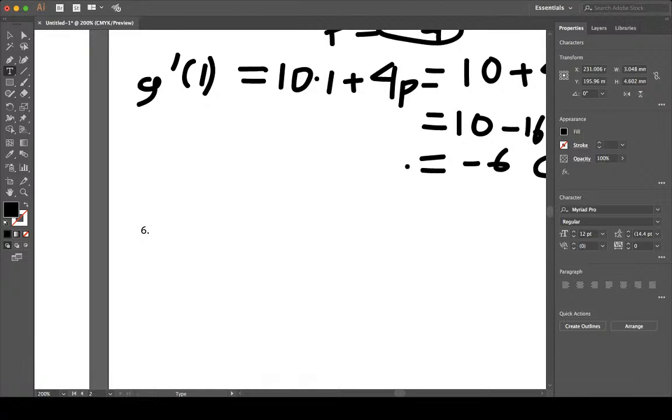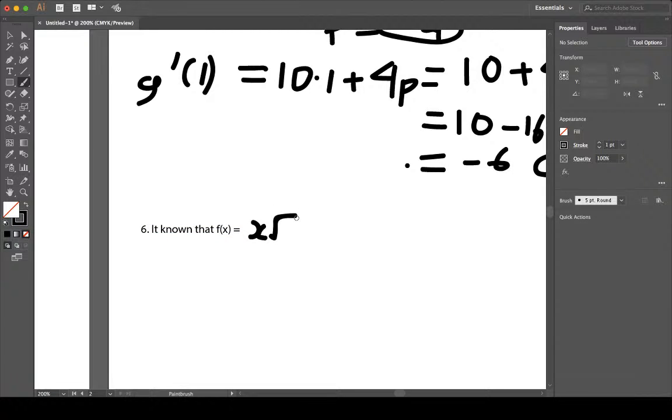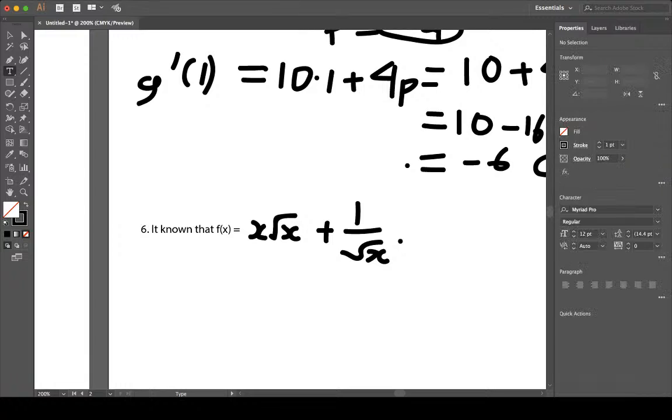It is known that function f of x equals to, let's write this down, x times the square root of x plus 1 over square root of x. That was the question that is asked.